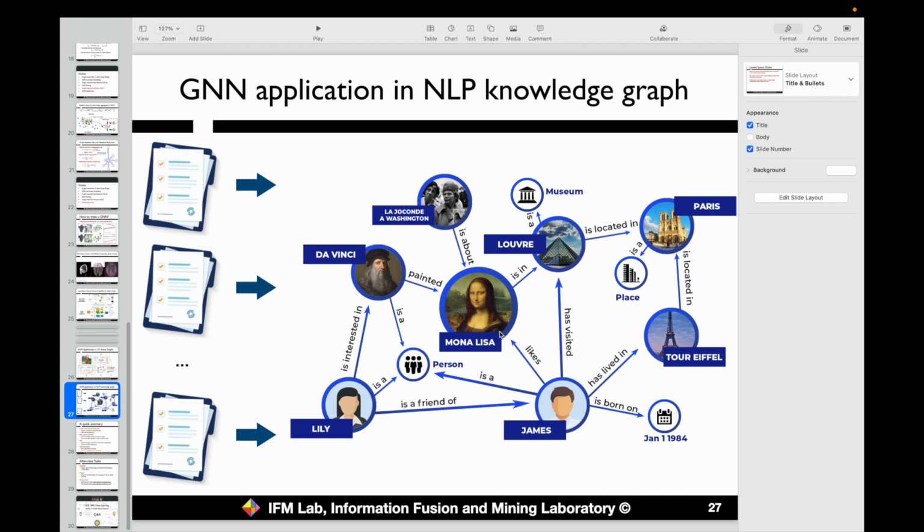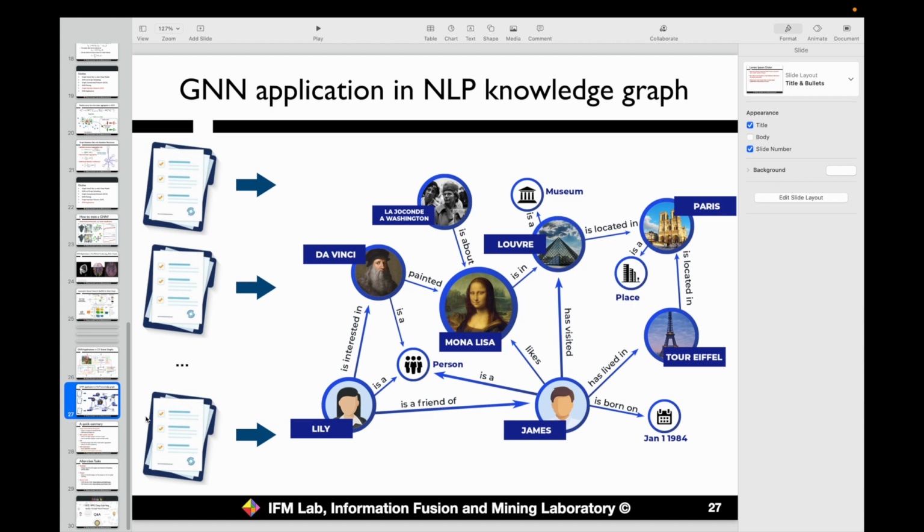Compared with analyzing documents, this knowledge graph is more clean, right? Compared with text data, the knowledge graph is structured while the documents are unstructured. So the GNN models can also be extensively applied to analyzing the knowledge graph in the NLP area as well. Okay, so these are general application problems we want to mention here in today's talk.